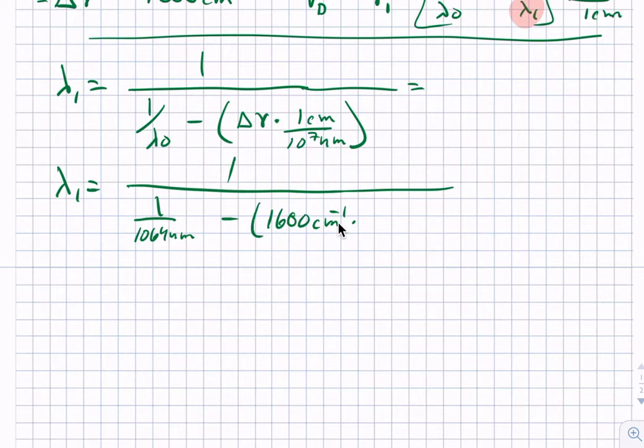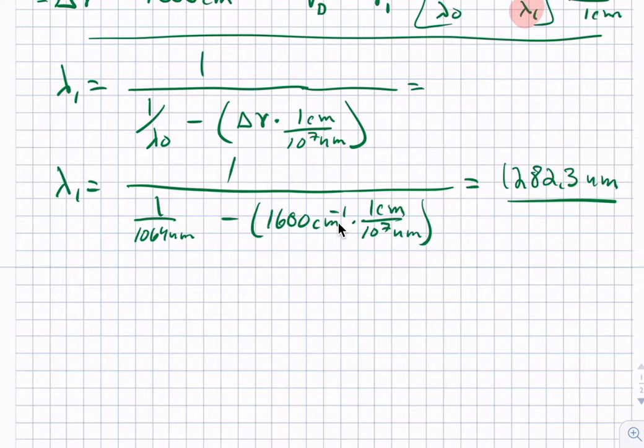And we're going to convert that to inverse nanometers. That'll be 1 centimeter to cancel, divided by 10 to the 7th nanometers. That will give us a new wavelength that is about 1282.3 nanometers.